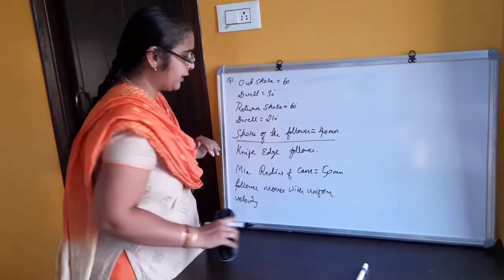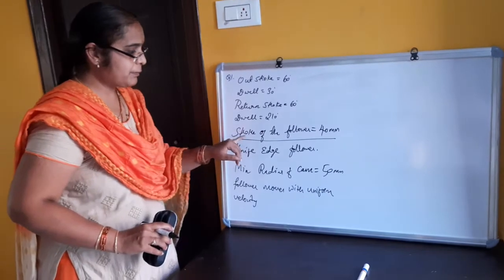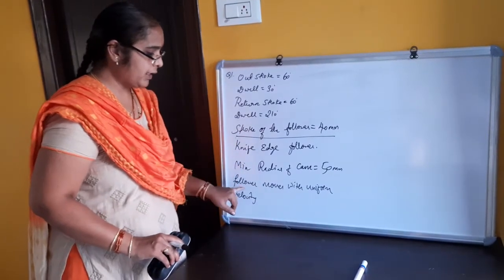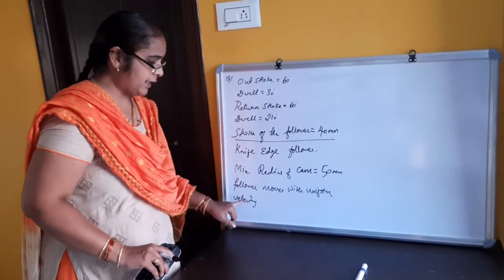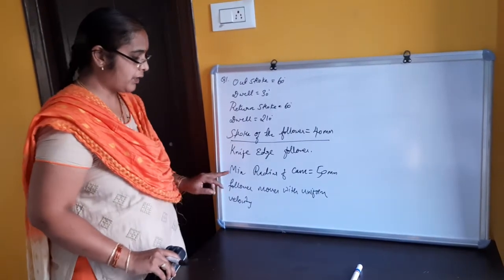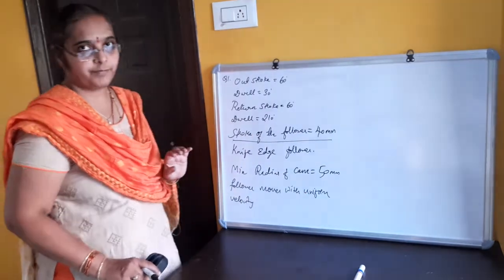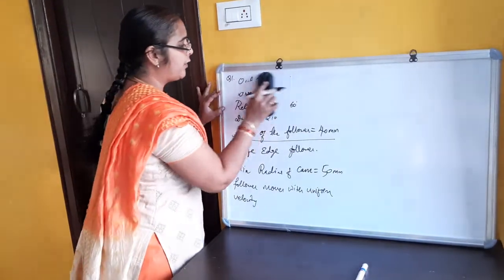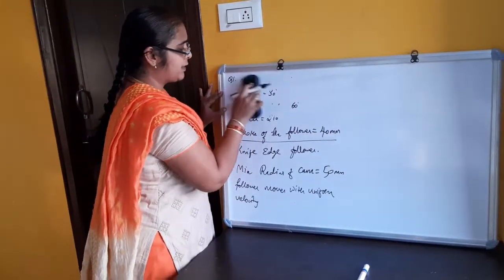So let us learn how to construct the displacement diagram when it is moving with uniform velocity. Here in this problem they have given a knife edge follower and the minimum radius of the cam is 50 mm. Let us learn now how to construct a displacement diagram.